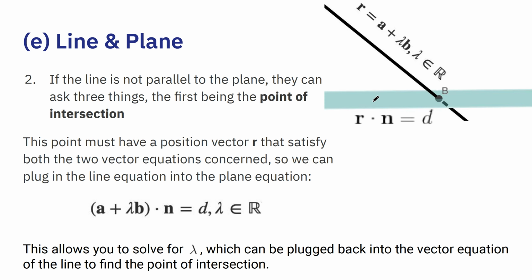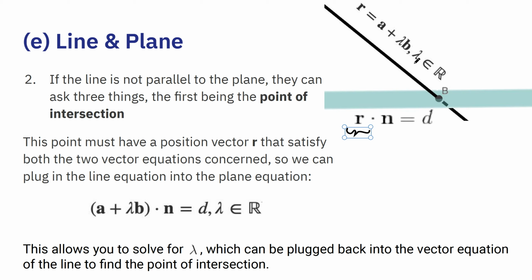Okay, so if the line is not parallel to the plane, they will definitely intersect, right? So the first thing they can ask is the point of intersection between this line and the plane. So this line over here, a plus lambda b, must be able to have a point that satisfies this r over here.